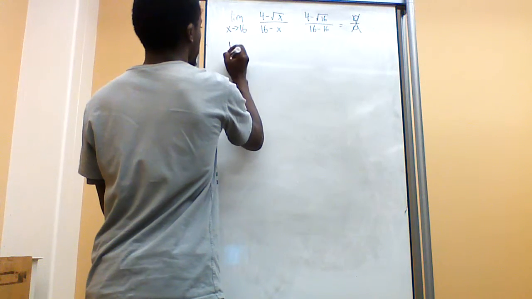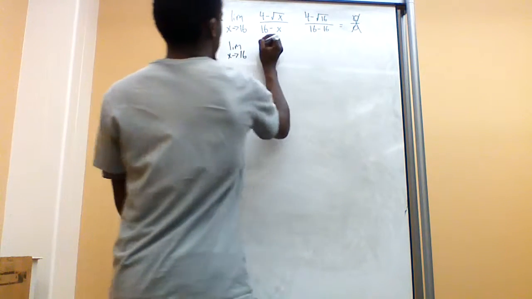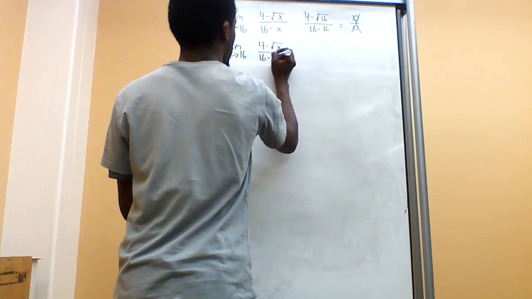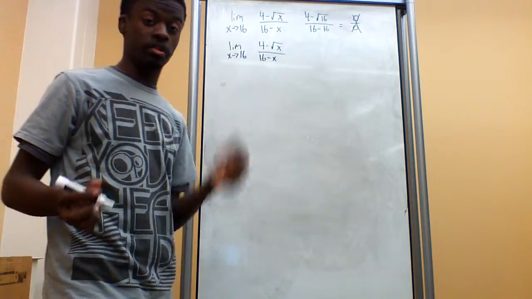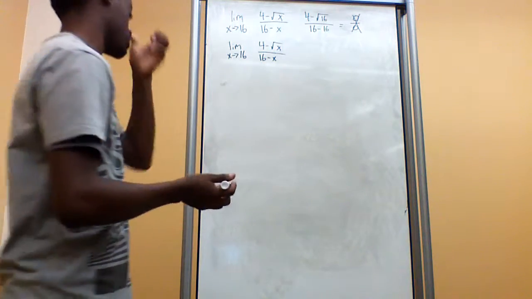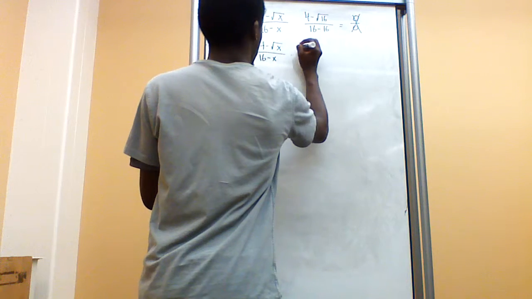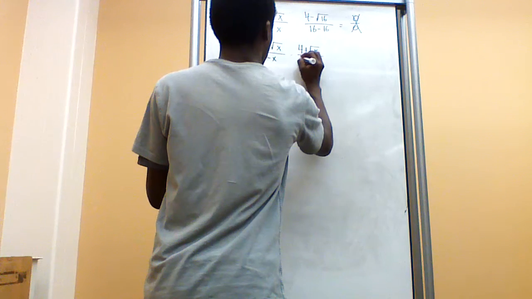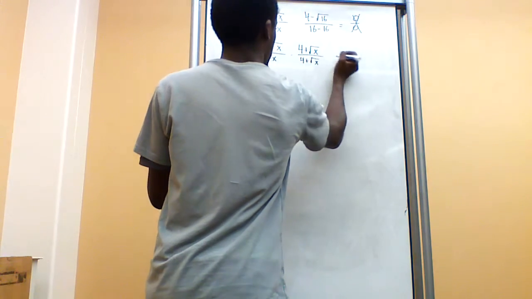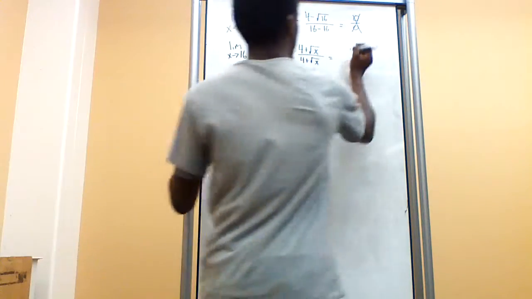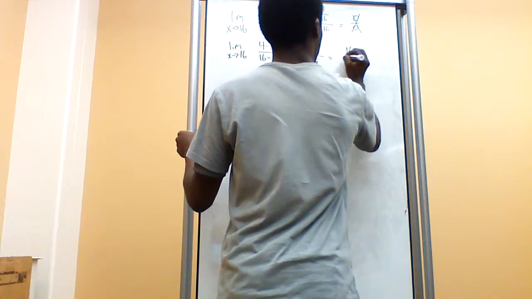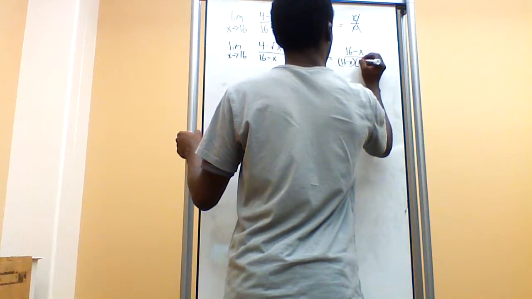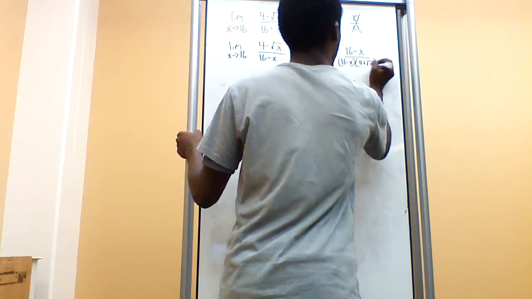So we're going to rewrite the limit, and the way that we're going to change the way that the function looks is we're going to multiply by the reciprocal. And this is going to come out to 16 minus x over 16 minus x times 4 plus the square root of x.